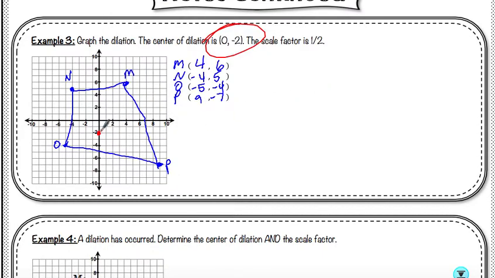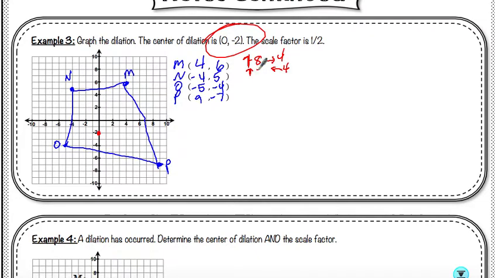Then count how far you go up and over to get to each point. For M, I'm going to go up 1, 2, 3, 4, 5, 6, 7, 8, and over 1, 2, 3, 4. Up 8, right 4. To get to N, I'm going to go up 7 and over 1, 2, 3, 4. Excuse me, that was left 4.